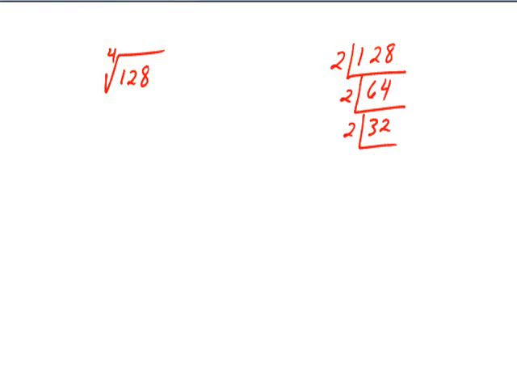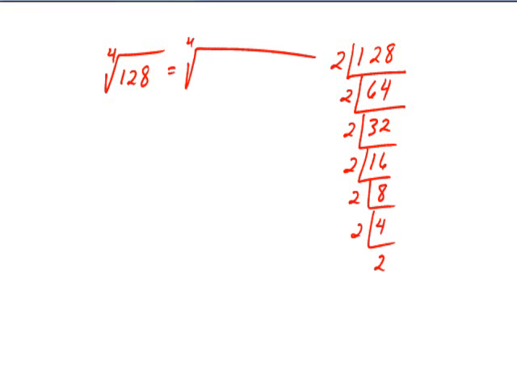I'll divide by 2 again, giving me 16. I'll divide by 2 again, giving me 8. Divide by 2 again, giving me 4. And divide by 2 again, ending up with 2, which is prime. So 128 can be written as 1, 2, 3, 4, 5, 6, 7 2's.